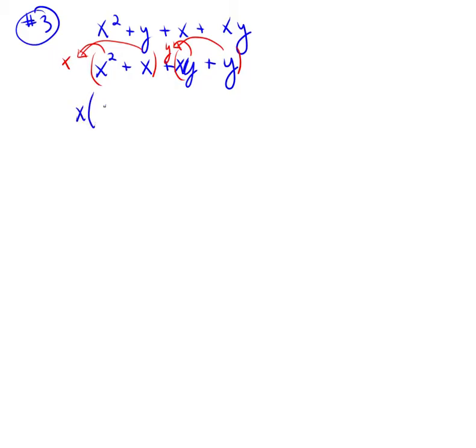So x times x plus 1, because x times x is x squared, and x times 1 is x, plus y, because that's a positive y, and then y times x is xy, and y times 1 is y. So now I've got my group that I'm going to distribute out, x plus 1, out front.